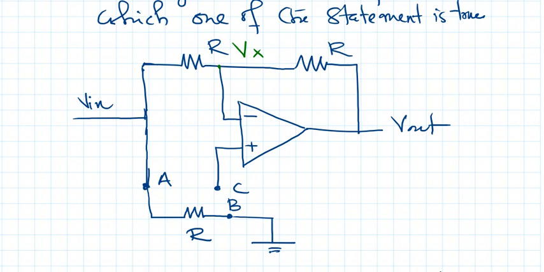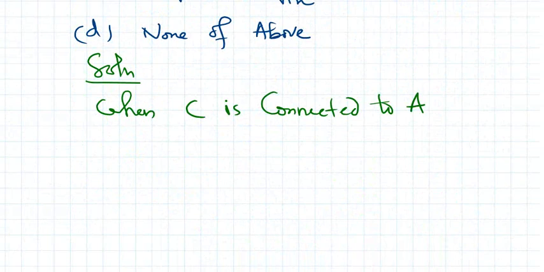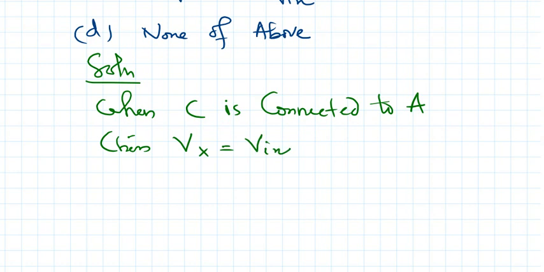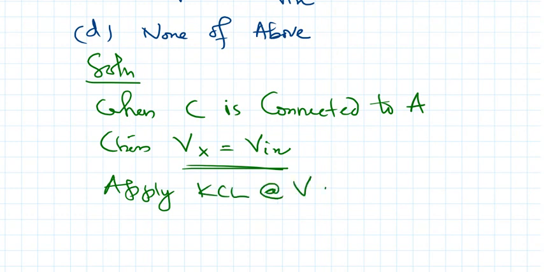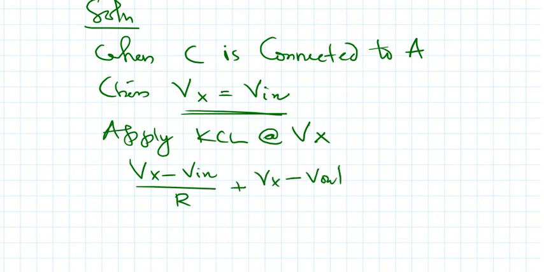So I just want to apply KCL at Vx. Then we can write Vx minus V in divided by R plus Vx minus V out divided by R is equal to 0, and Vx is equal to V in.